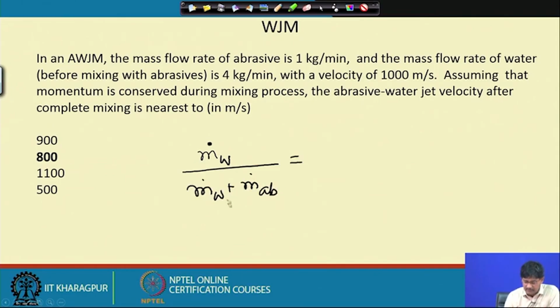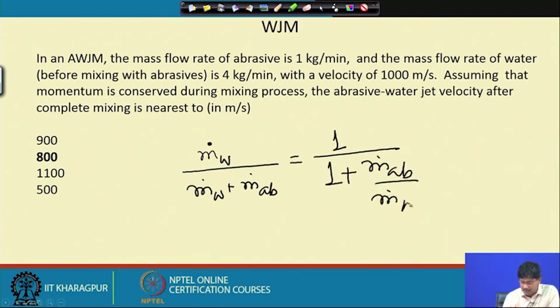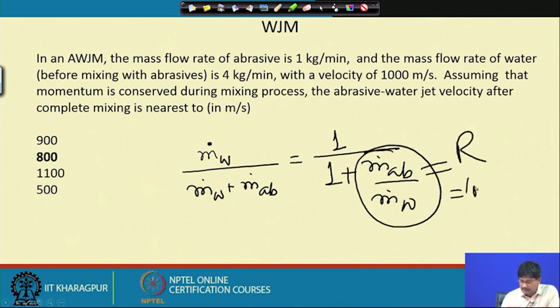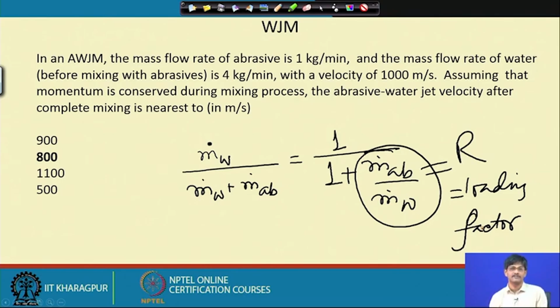If you divide this by m dot water, it becomes 1 by 1 plus m dot abrasive by m dot water, and this one is called loading factor or R. It is one of the most important parameters in abrasive water jet machining. Okay. I intend to include some solved problems and upload it for your use, where you will come across the use of such parameters in abrasive water jet machining.